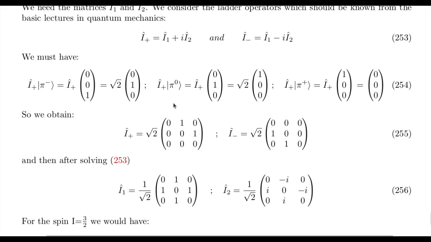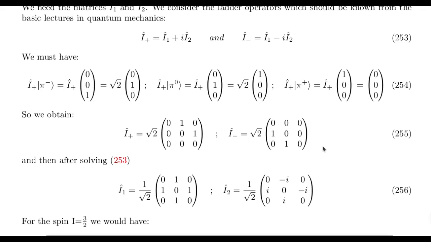The 3 vectors are found here in the matrix: 0, 0, 0, that's the first column. Then 1, 0, 0, that's the second column. And 0, 1, 0, that's the third column. And then, in complete analogy, exercise for students: make the same for the I minus operator. Then we get this matrix here.